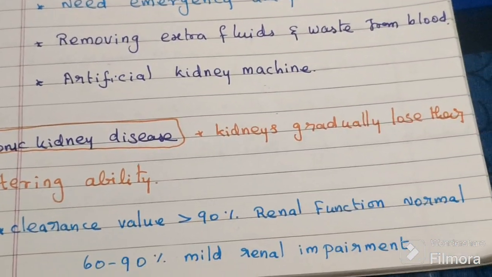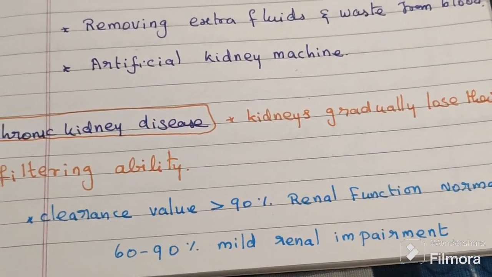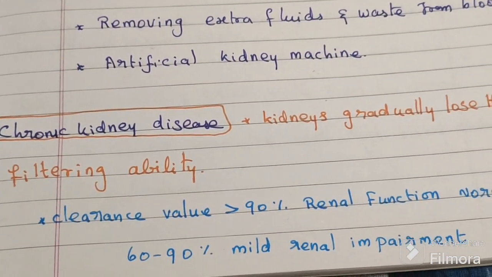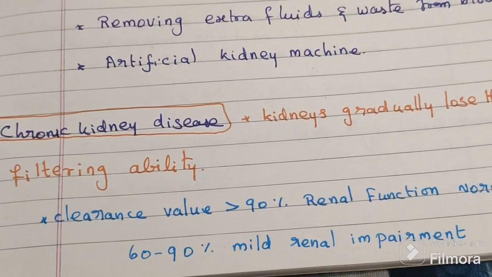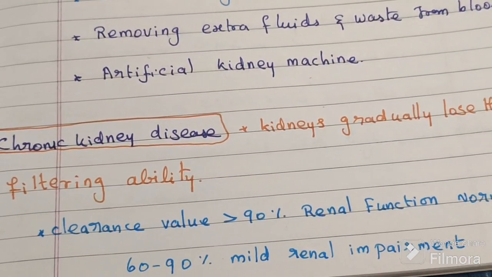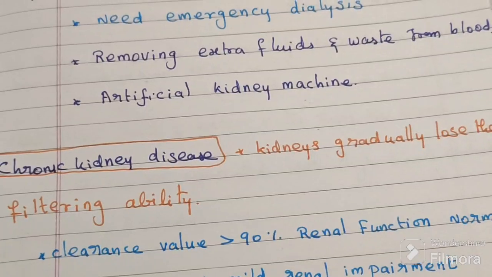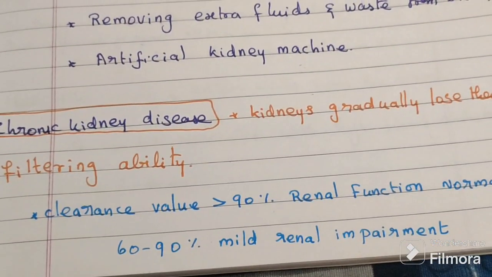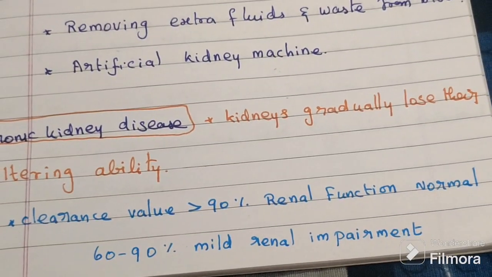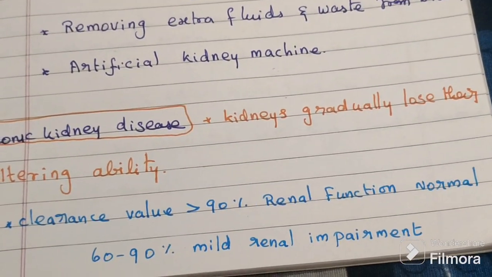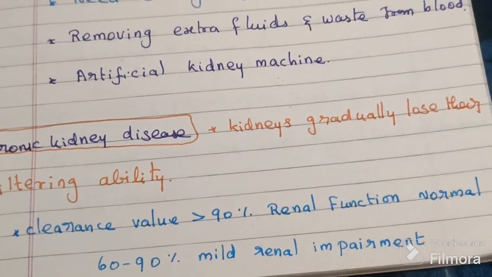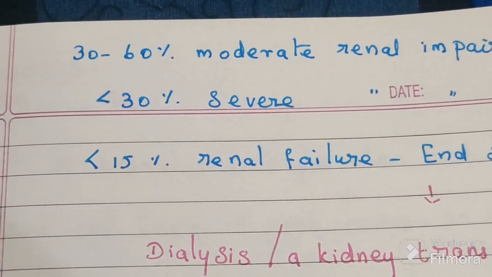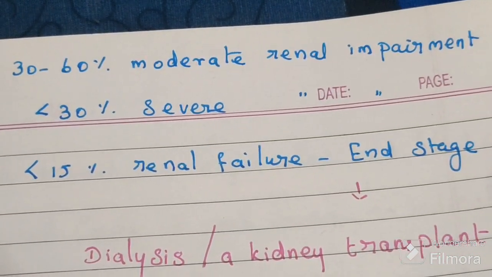Then chronic kidney disease: the kidney gradually loses its filtering ability. Using clearance tests, the creatinine clearance test and inulin clearance test, we can estimate the clearance value. More than 90 percent means renal function is normal. 60 to 90 percent means mild renal impairment. 30 to 60 percent means moderate renal impairment.